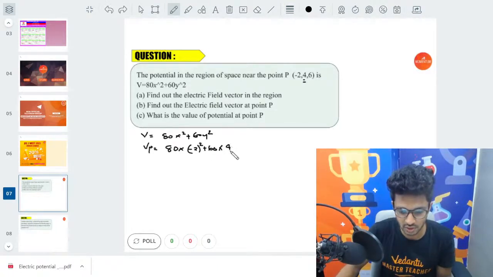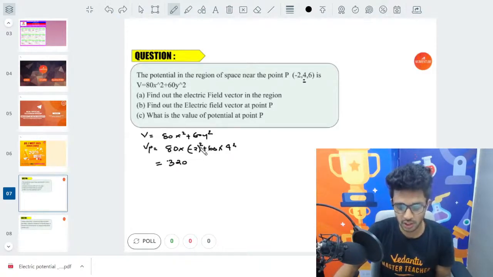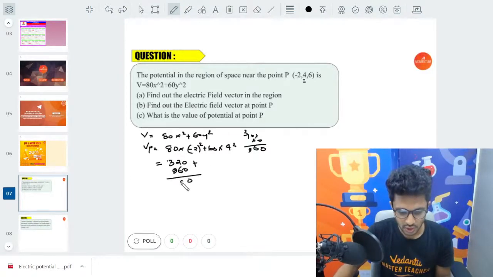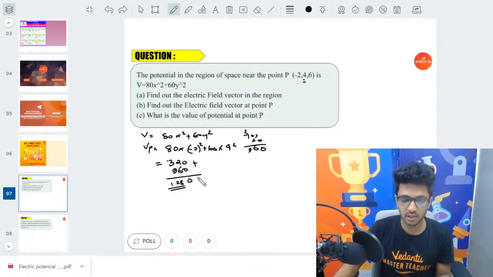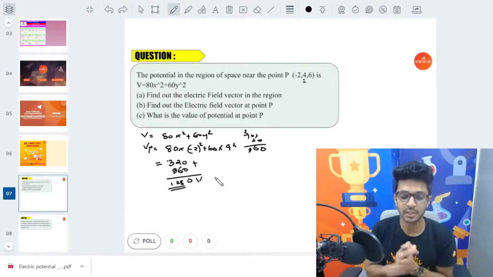So (-2)² is 4, and 80 times 4 is 320. Plus 4² is 16, and 16 into 60 is 960. So the total is 1280 with the unit of volt.